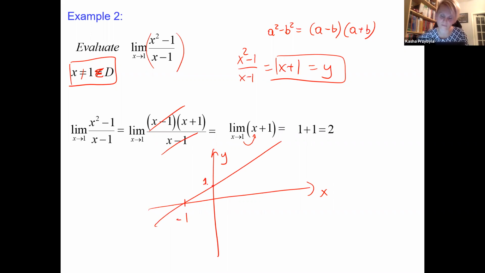But what is important is that at x equals 1 we have no value. The limit tells us that the open dot is at level 2, but it's not a solid dot. Please remember that, but that's the way to do it. 0 over 0, and we again get limit 2, like from that slope.